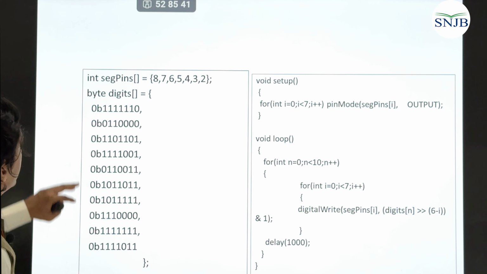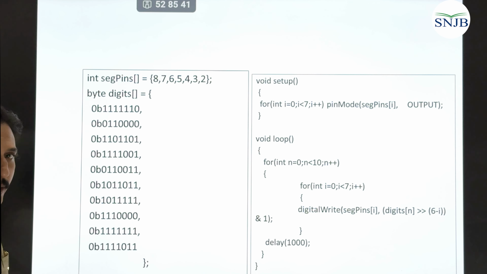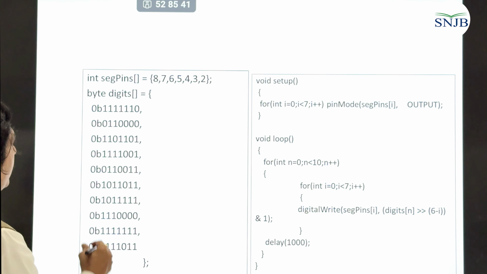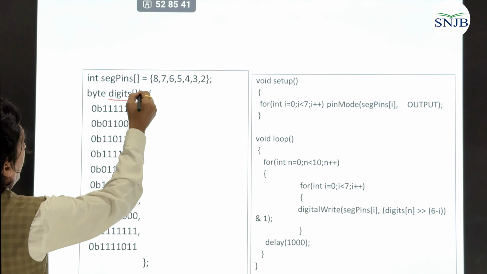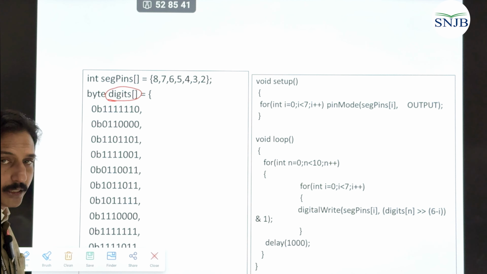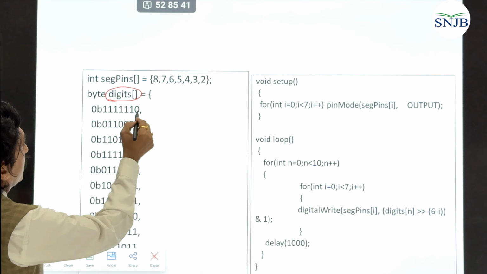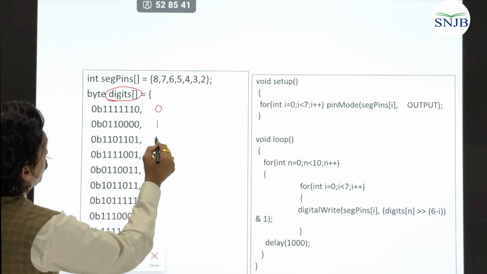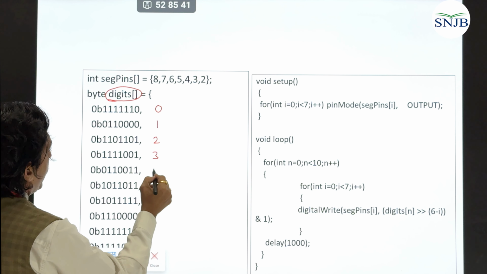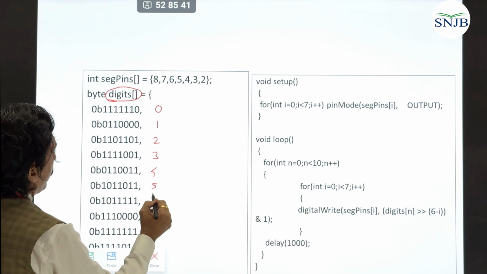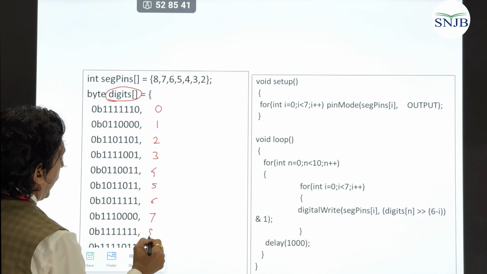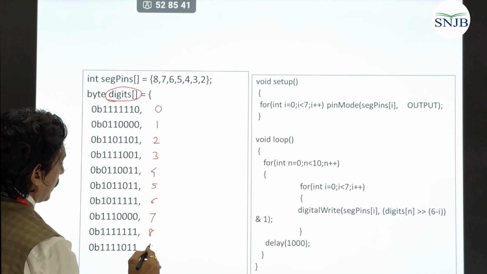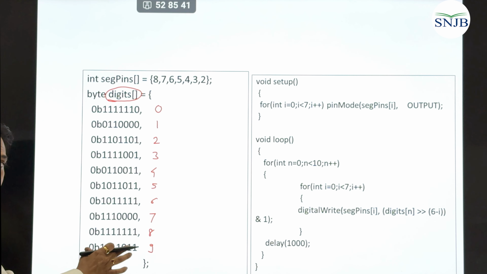And then you can put that table as an array in digits. This is for 0, this is for 1, this is for 2, this is for 3, 4, 5, 6, 7, 8 and 9. So this is for 9.